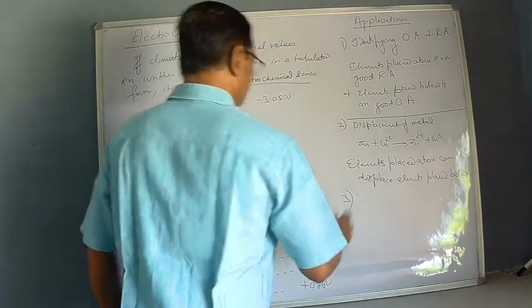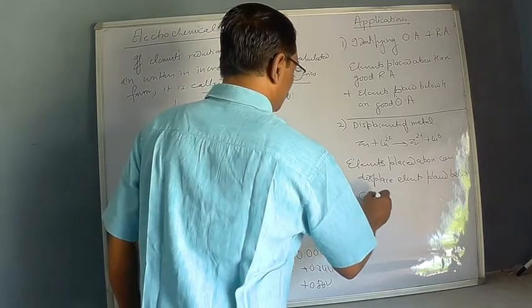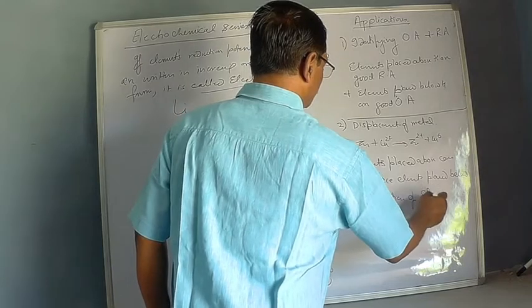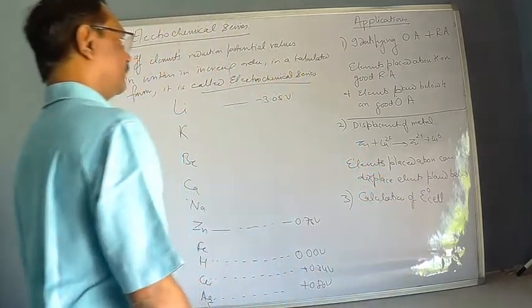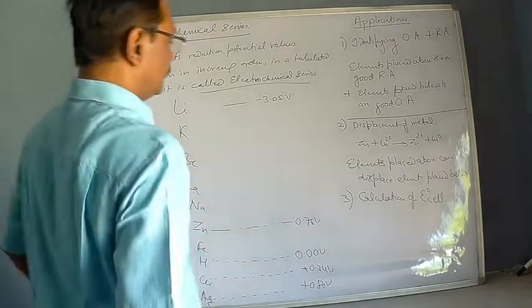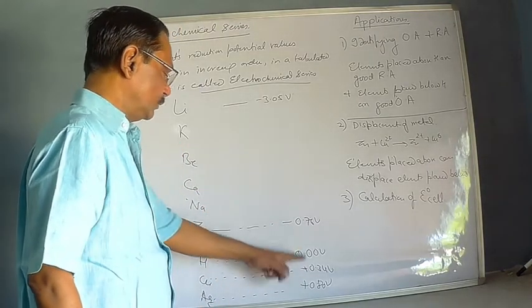Then calculation of E0 cell. Class, remember your Daniell cell reaction. We have calculated E0 cell with the help of these two values.